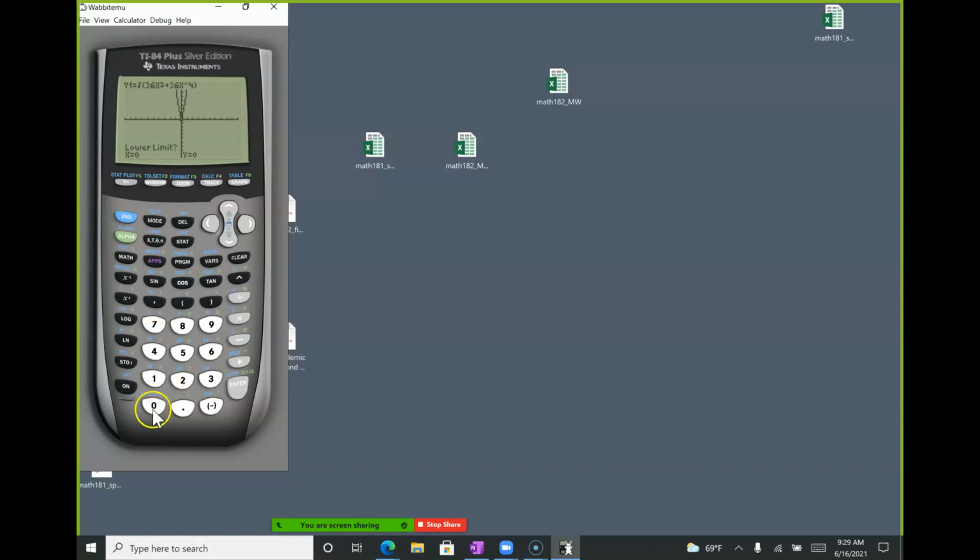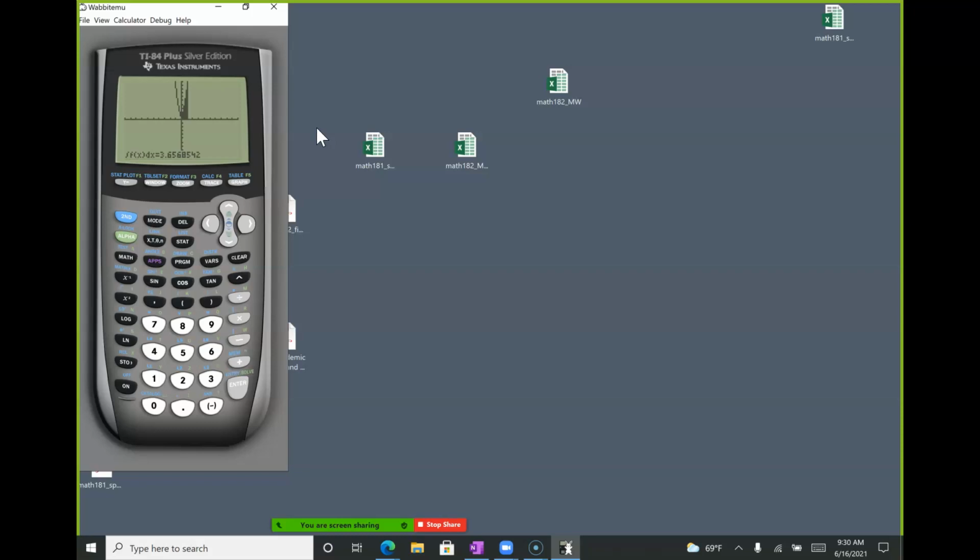And then my lower limit is 0, I hit enter. My upper limit is 1, I hit enter. And it gives me the exact same, right? 3.6569. So it's nice to have this on the test. You can know you got something right and check it off and never think about it again.